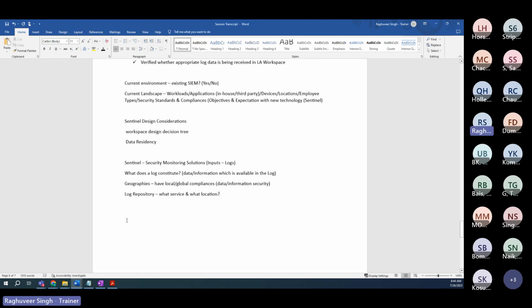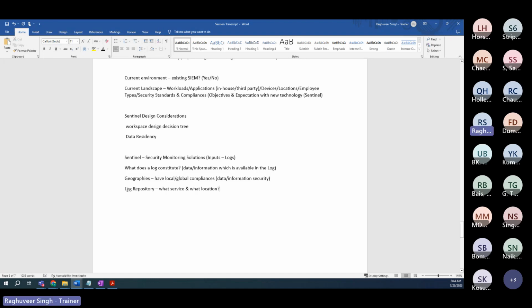You need to get this answer: where exactly your log repositories are, what service that log repository is, what kind of logs it is collating, what location the logs are coming from, and then what information is there in the log.